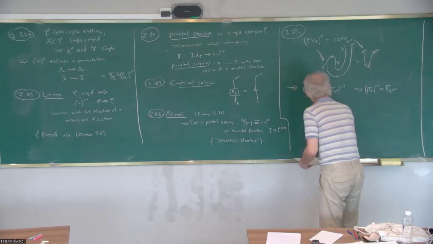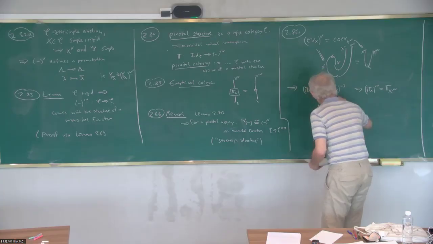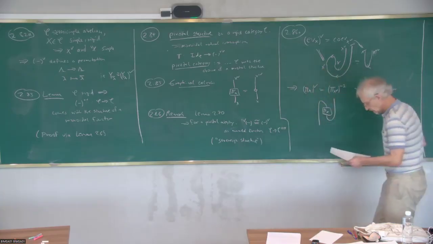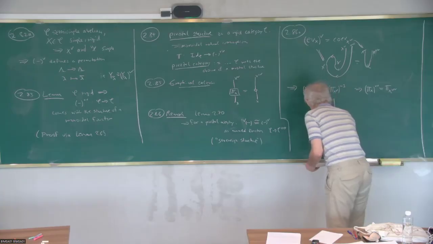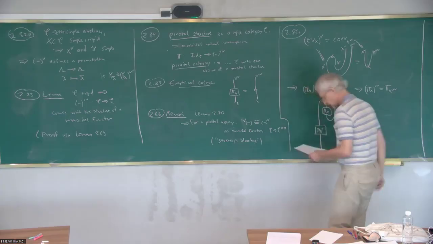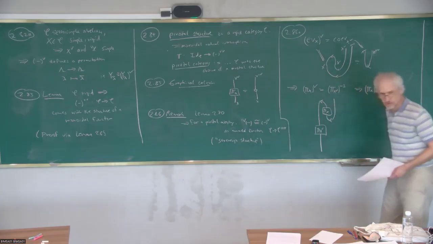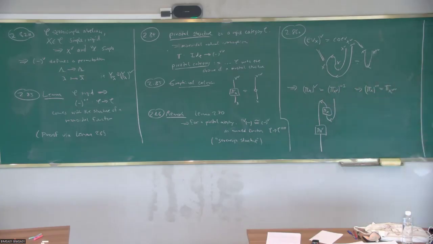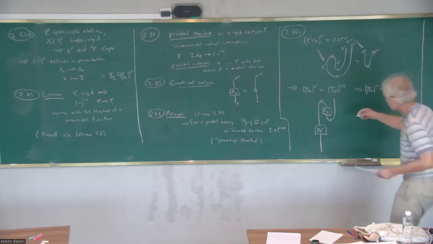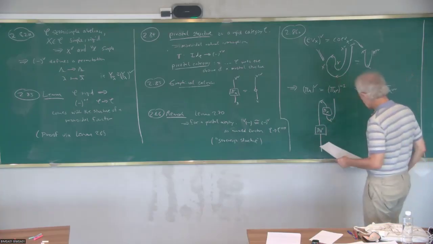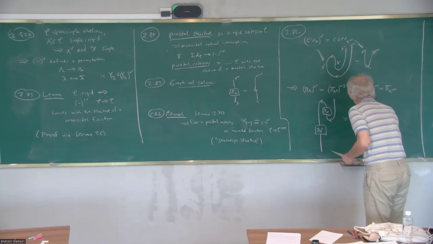So if we take pi x, then pi x dual is this morphism. Then I have here pi x dual. And you can check that I can compose them in this way. I don't write the labels for the lines. They follow from what we have here. But this is the same thing as just bringing this a bit up.